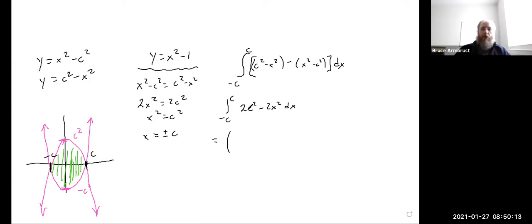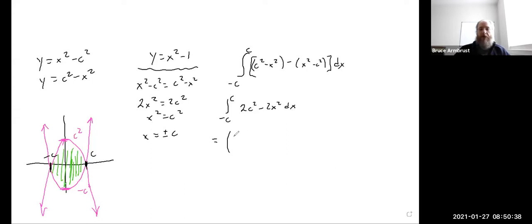All right, so the 2c squared, that is a constant. I'm going to warn you about this because this is going to happen sometimes. You're going to see this letter and you're going to go, okay, cool, that's c cubed over 3. But it's not, because c is not our variable. Our variable is x. That's why it's really important to have this differential in there so you know what the variable actually is.